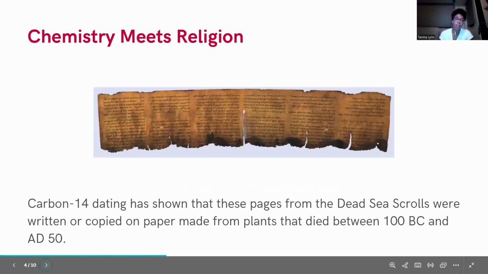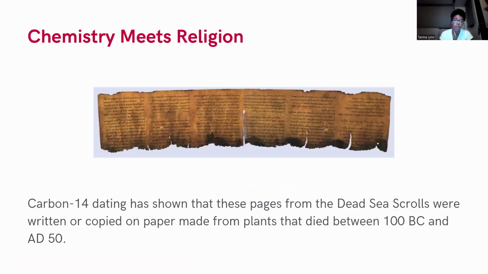So an interesting application of carbon 14 dating is through the discovery of the Dead Sea Scrolls, where carbon 14 dating showed that these Dead Sea Scrolls were written or copied on paper from plants that died within a particular time period. The reason I say chemistry meets religion as the title for this slide is many of you may have heard of the Dead Sea Scrolls, but if you haven't, look it up.